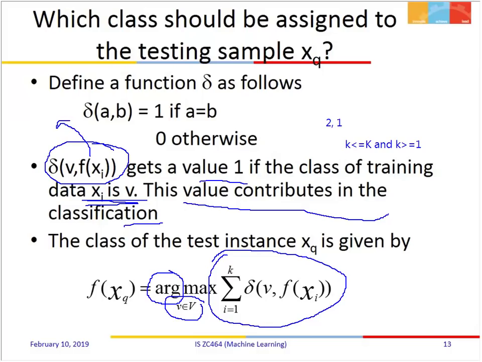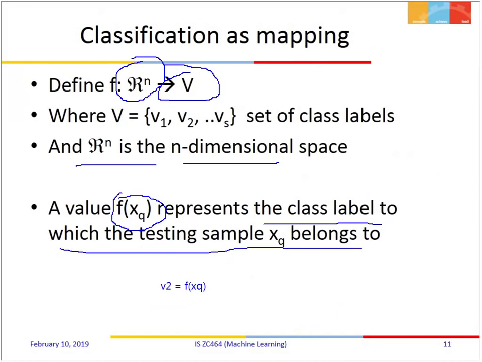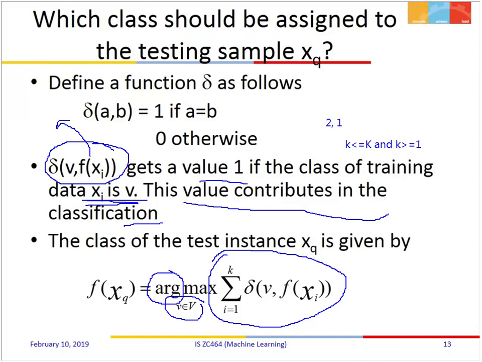Now I'm going back to that previous slide where I was explaining to you what will be this S1. S1 is actually the sum. So sum is ranging on the values of what? Is it on the values of k or on the values of v? Summation is ranging on the values of k.